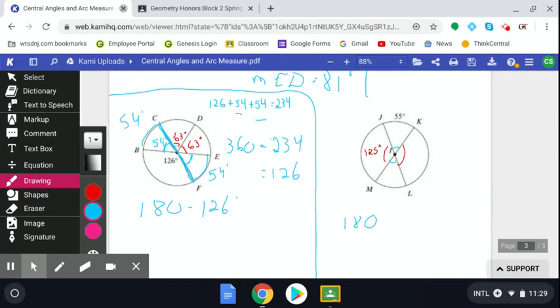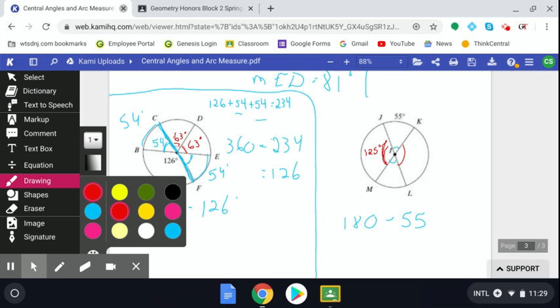So I can do 180 minus 55, and that gave me 125. These two are vertical. So this is 125, so is this. They're both 125. 125 plus 125 plus 55 plus 55 is going to give me 360. And the measure of the corresponding arcs: the measure of arc JM, that's how you write arc, is 125. So is this one, and so forth.